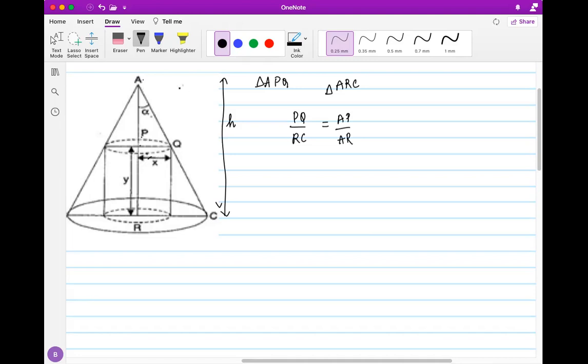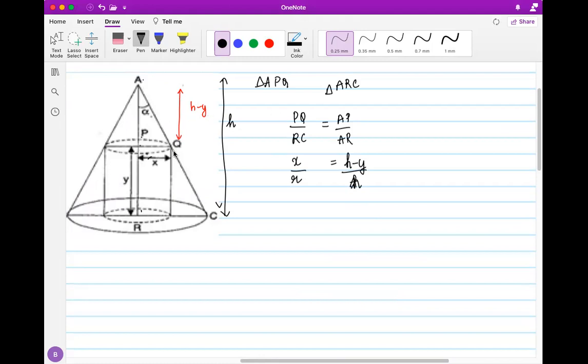Now, what about A to P? We know that AP is equal to H minus y, isn't it? So PQ by RC is x divided by r, which is equal to H minus y divided by H again, because the height AR is H. AR is H, and AP is H minus y.